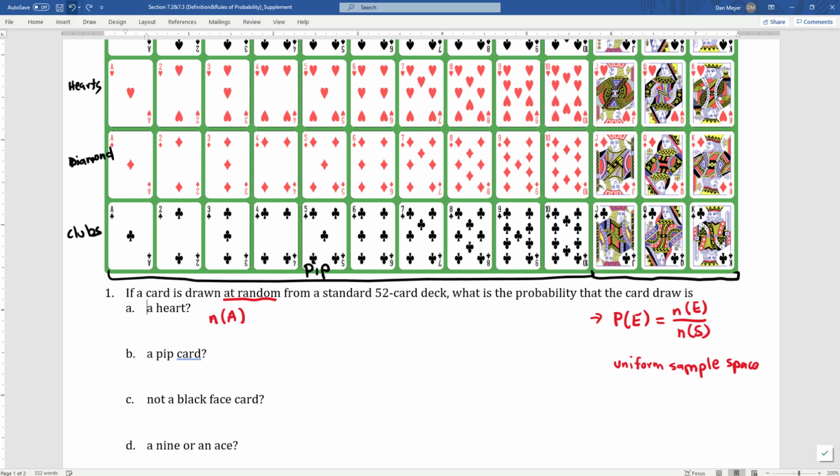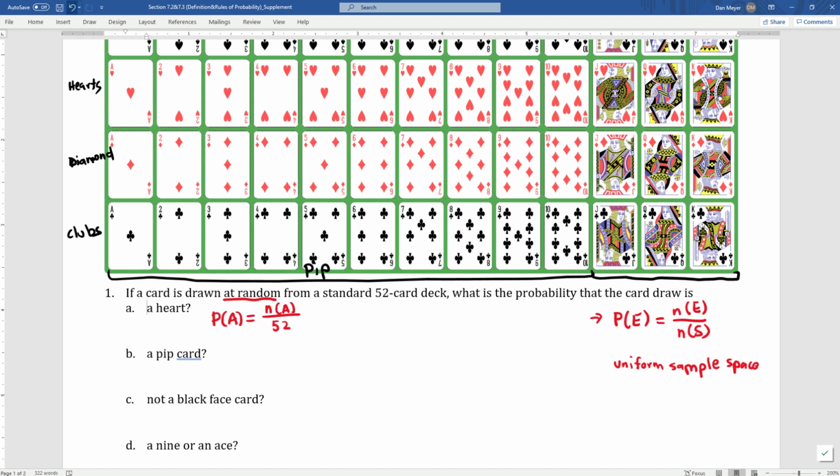We're doing the probability of event A. The probability of event A using our basic probability formula is the number of ways to pick a heart divided by the number of things in our sample space. There's 52 cards, so there's just 52 things in our sample space this time.